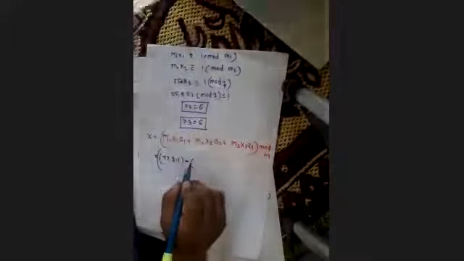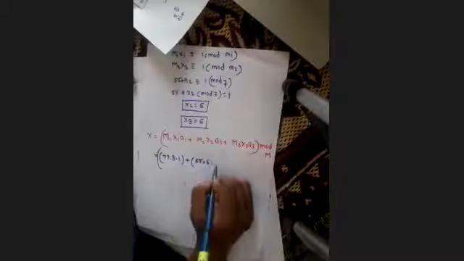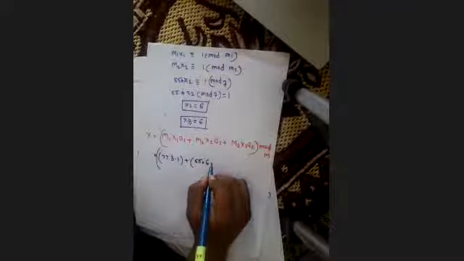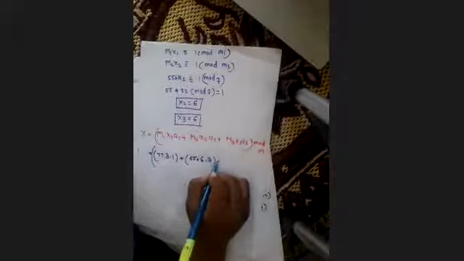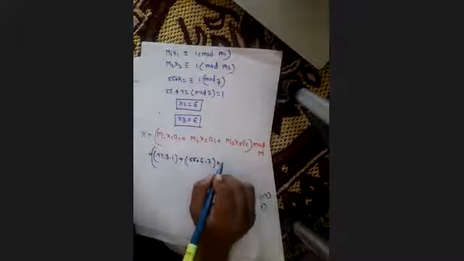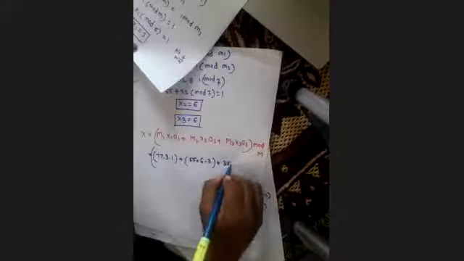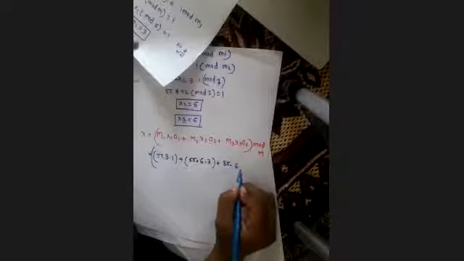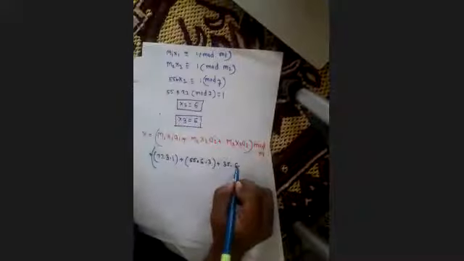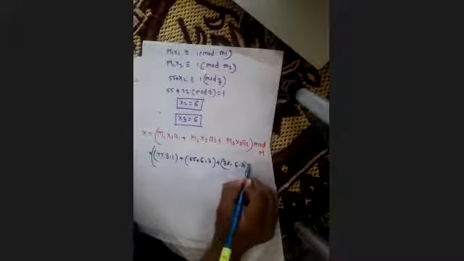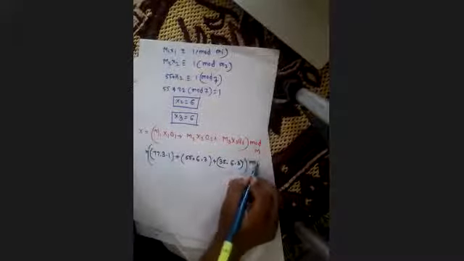Plus m2 x2 a2, my m2 was 55 into x2 I received 6 into a2 was 3 which was given in the example itself, plus m3, my m3 is 35, x3 we have calculated 6 into a3 which is given in the example, that is 3. Okay, then mod m, capital M, we have calculated capital M.